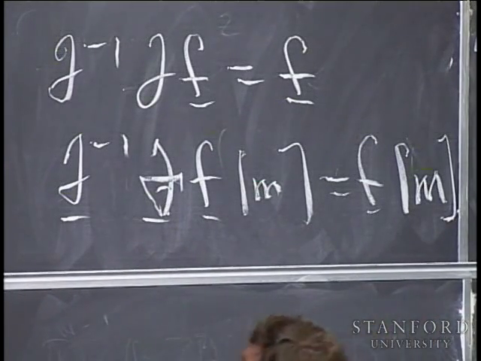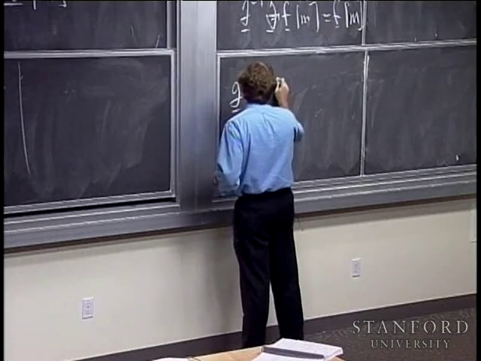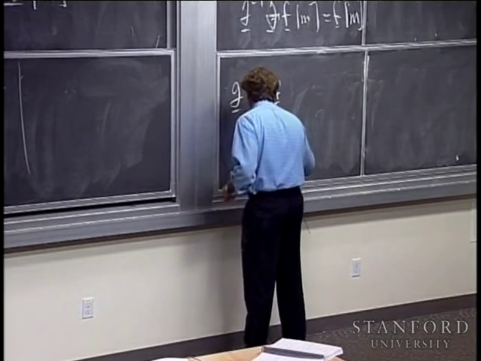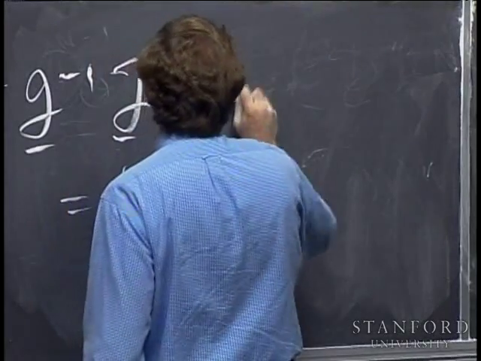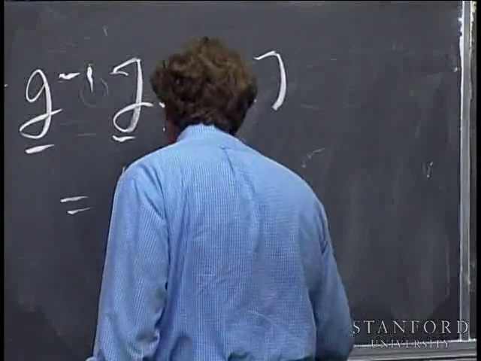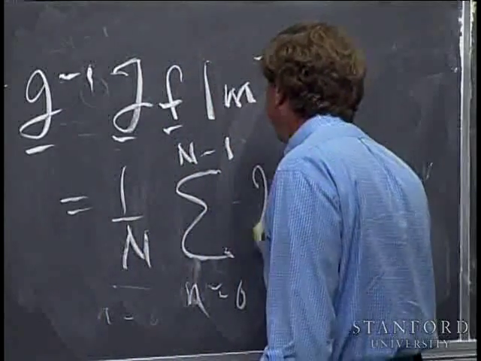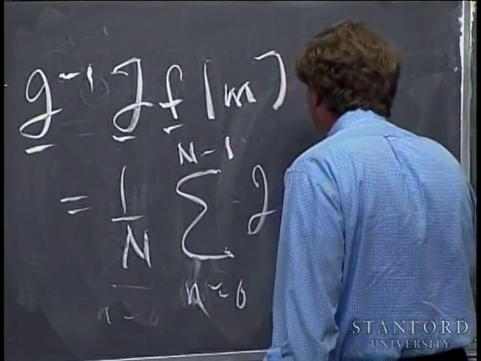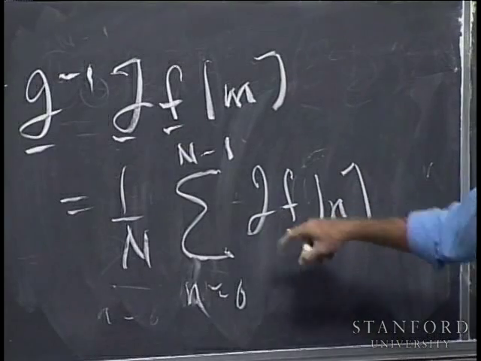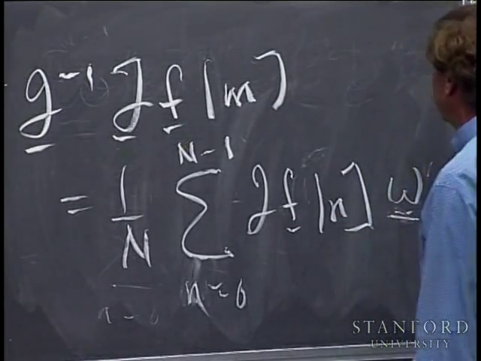I have to be careful with my indices here. So the inverse Fourier transform of the Fourier transform of f at m is 1 over N times the sum from n equals 0 up to N minus 1 of the coefficients of the thing I'm putting into it, which is the Fourier transform, times omega to the n.